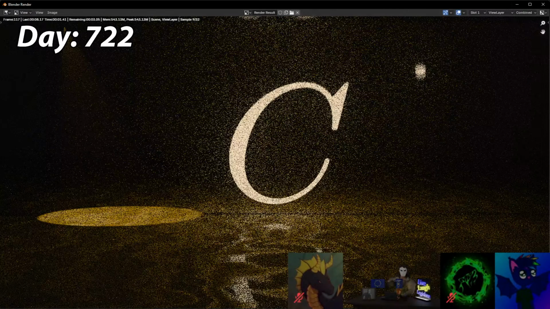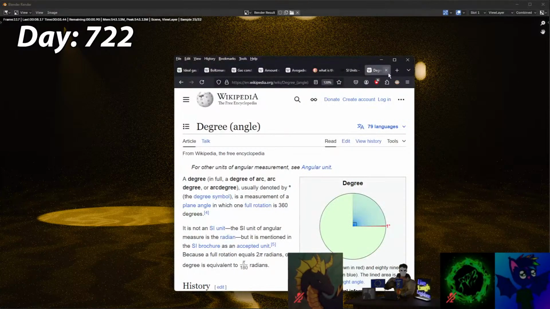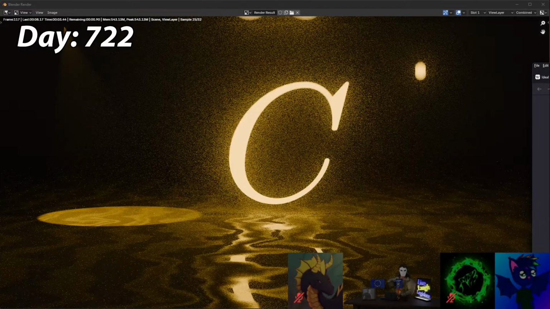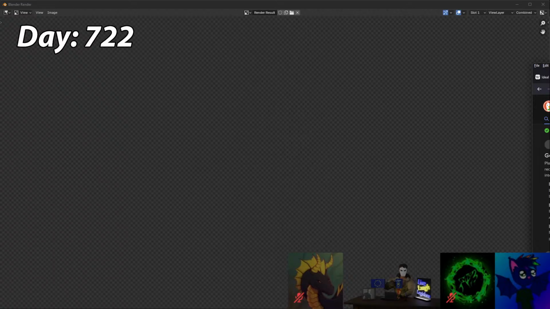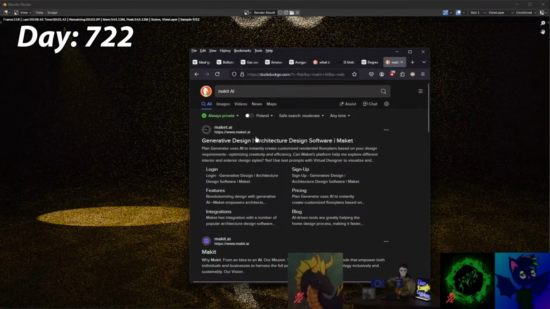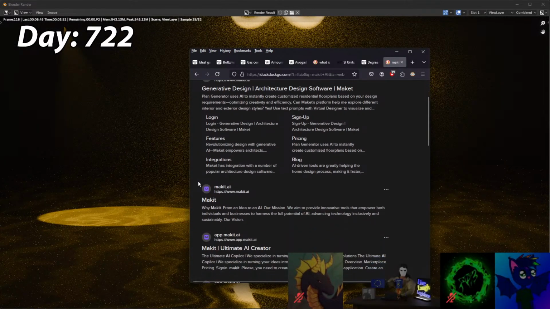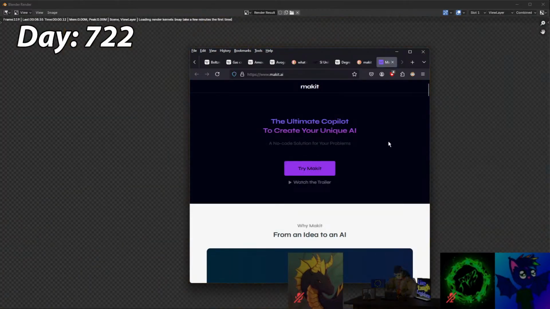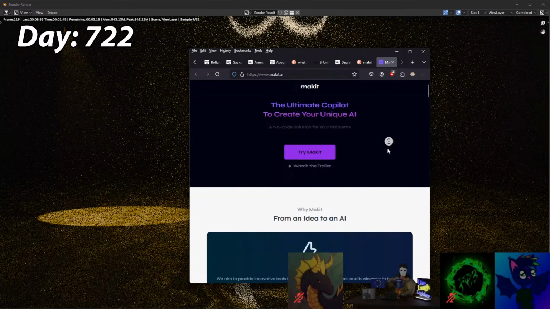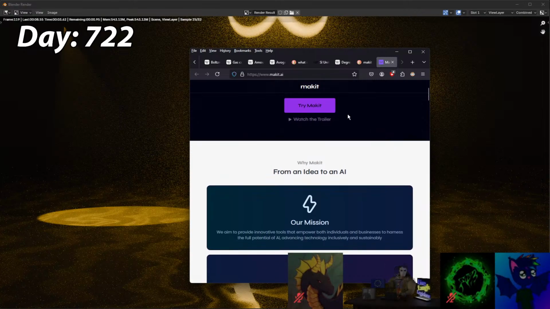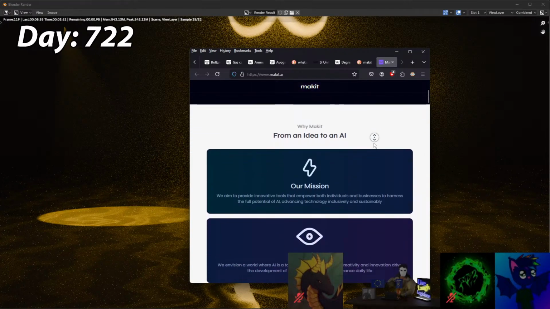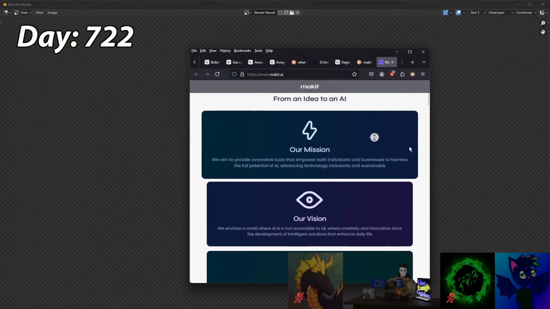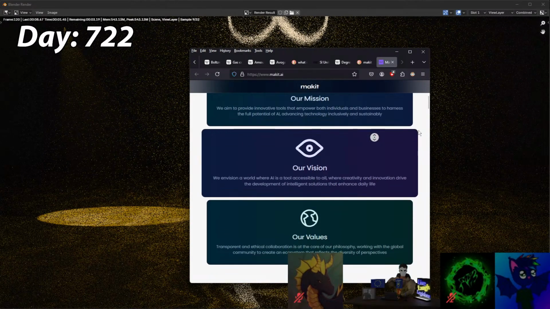Make It AI. What is Make It AI? Look at that now. AI. I'm assuming they misspelled make it because they're a bunch of dum-dums. There's Make It AI, Make It AI. Why Make It? What a question. Copilot to create your unique AI. Try Make It. Innovators that empower both individuals and businesses to harness their full potential via technology. Oh, buzzwords.